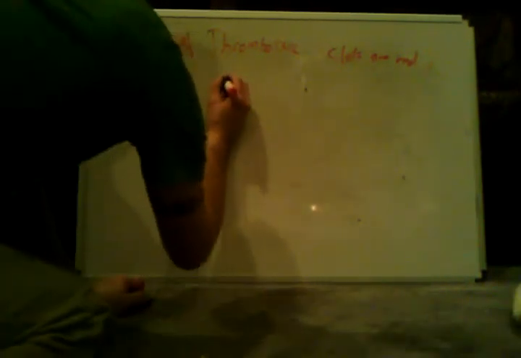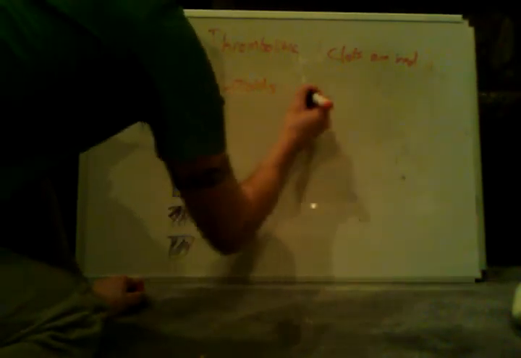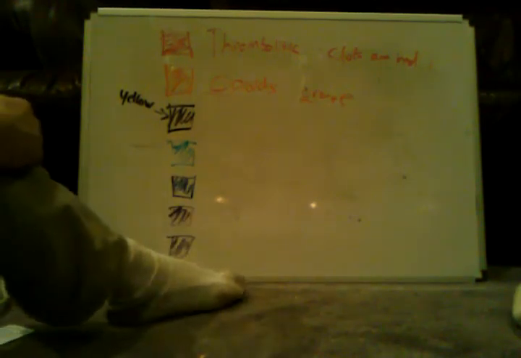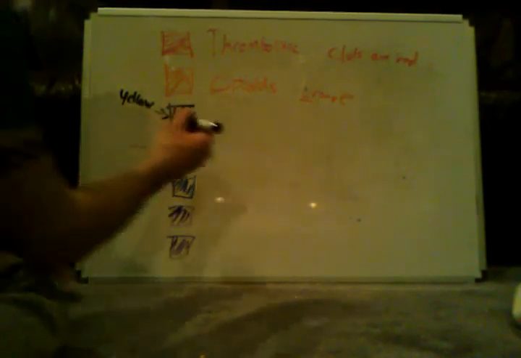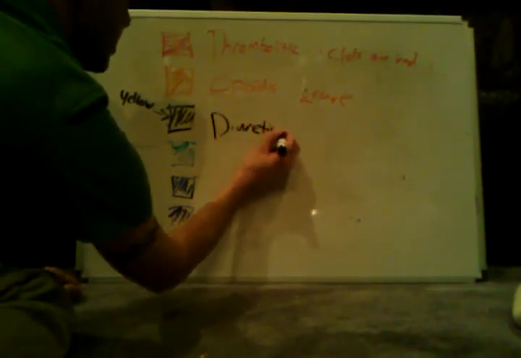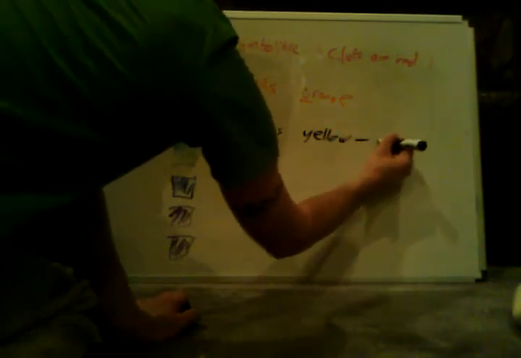I only thought of orange because orange and opioids both start with an O. So I thought that one fit. Now my yellow, remember this is supposed to be yellow, it's for diuretics, and that is because yellow is the color of urine.